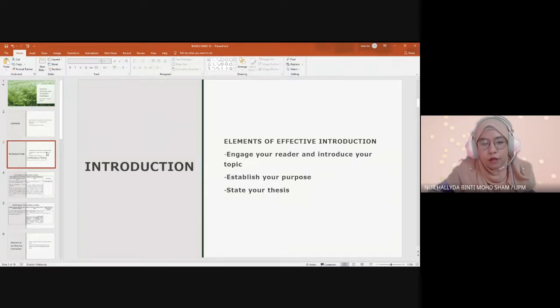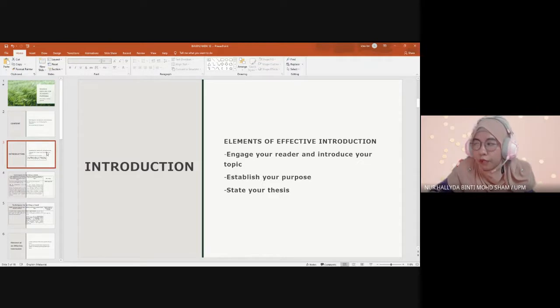So the suggested length will be one full page, okay? Or if you want to exceed, 1.5 maybe. For the introduction, it depends on your topic.